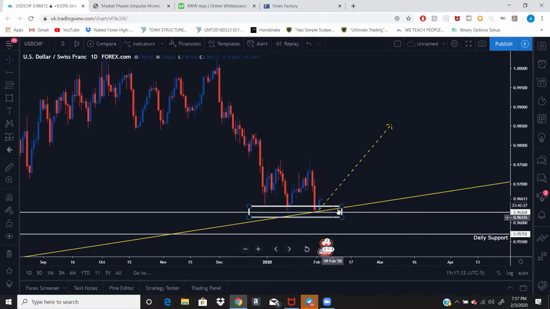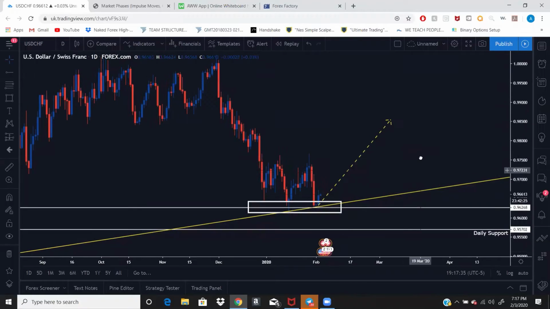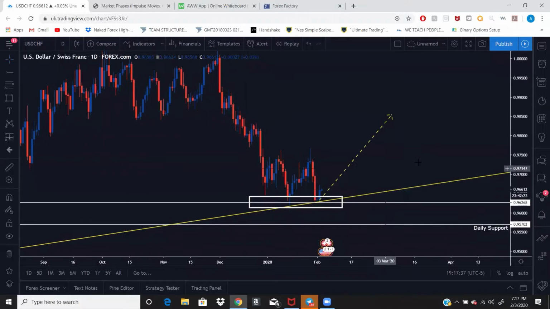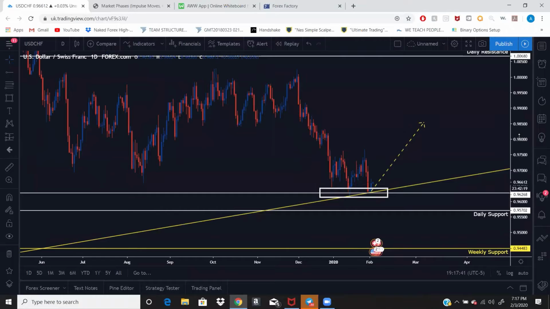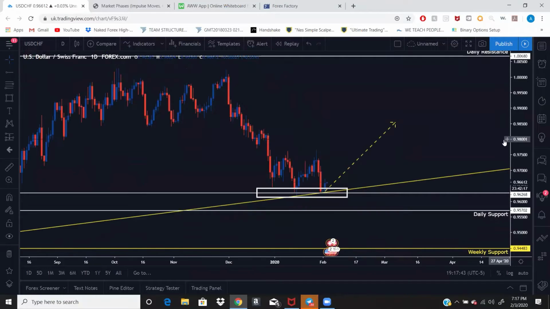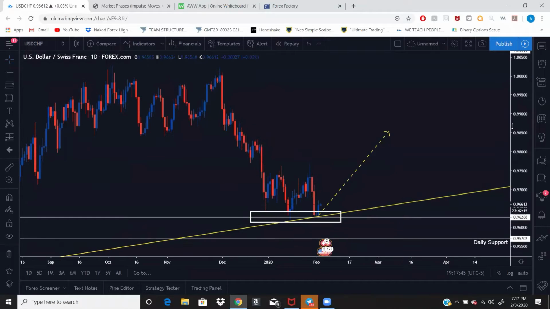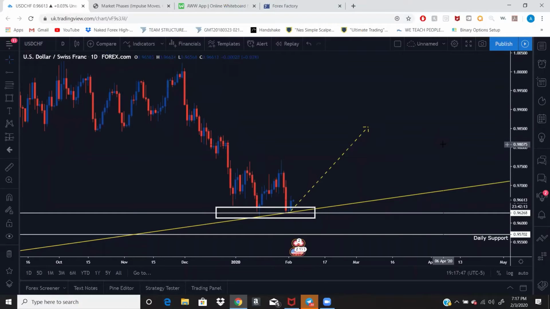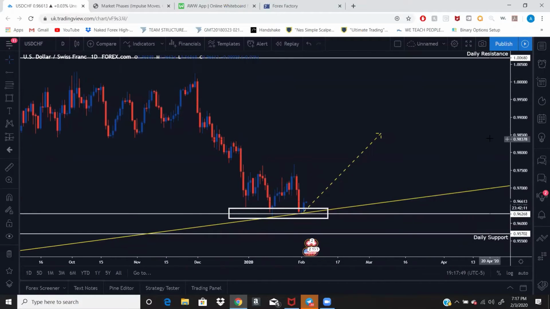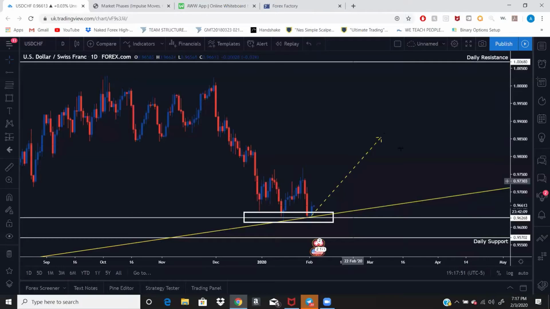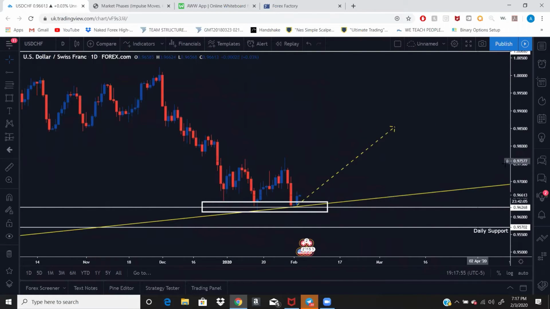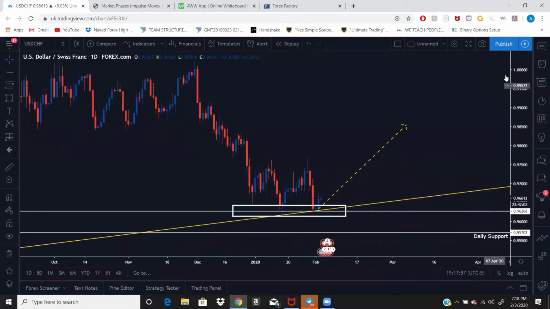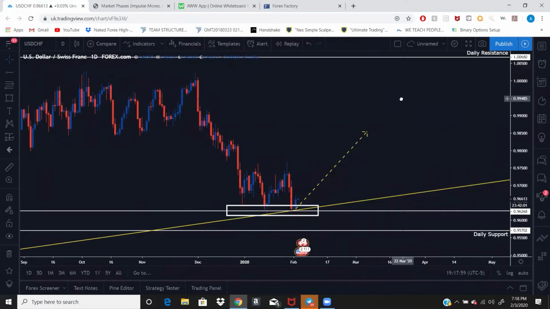Number three, tested daily trend line and rejected off of it. And I believe we are going to see recovery on this because CHF across the pairs is due for a big reversal. It's been very bullish, so it's time to balance the market.